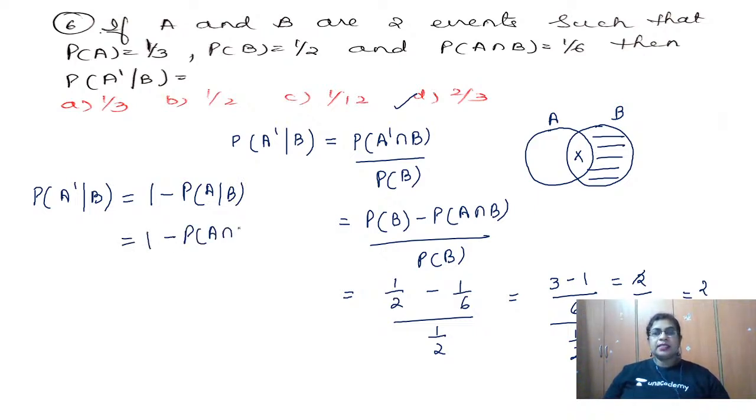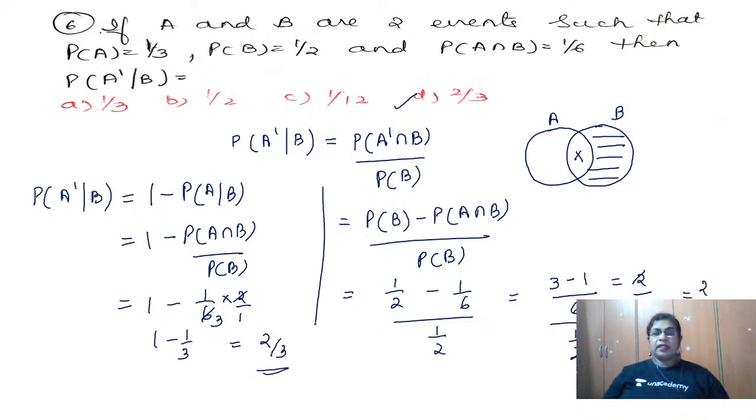P of A intersection B divided by P of B. So therefore it is 1 minus, probability of intersection is 1 by 6 whole divided by 1 by 2. I will write that as 2 by 1. So 2 ones are 2, 2 threes are 6. So 1 minus 1 by 3, how much is that? That is also equal to 2 by 3. So any one method which you are feeling comfortable, you can solve and you're getting the same answer.